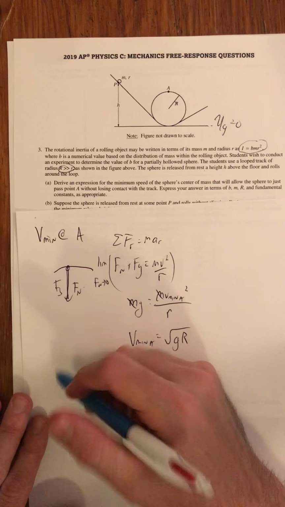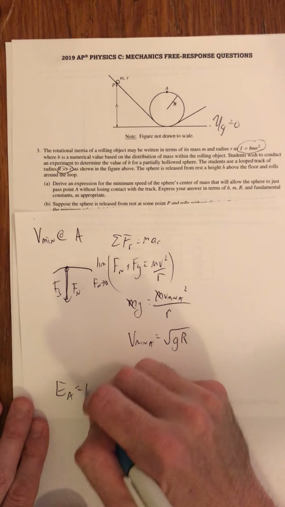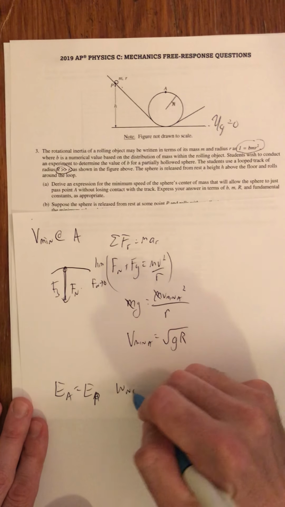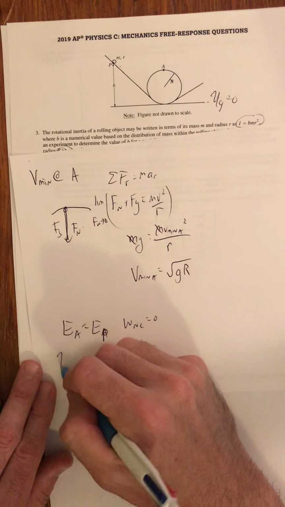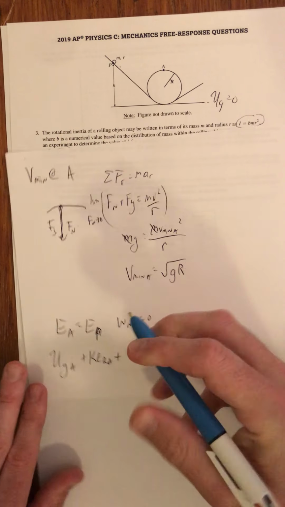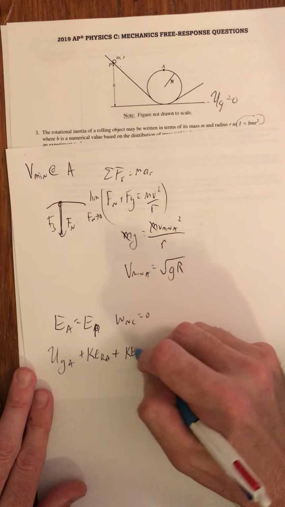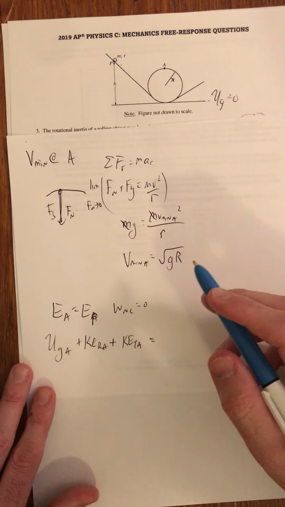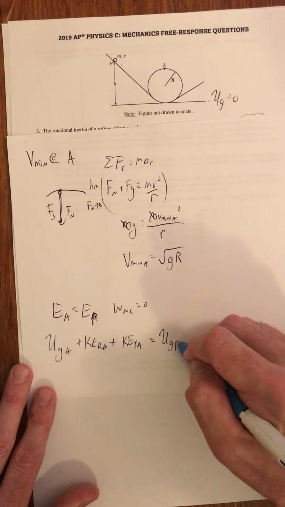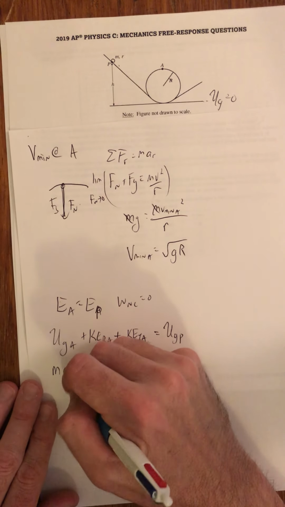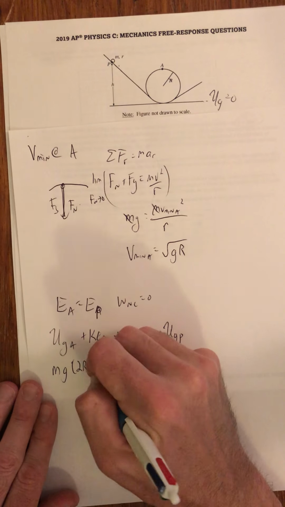Now, energy at A is equal to energy at P, the beginning. Work non-conserved is equal to 0. So I have UG at A plus KE rotational at A plus KE translational at A is equal to just UG at point P. UG at A is mg2R.